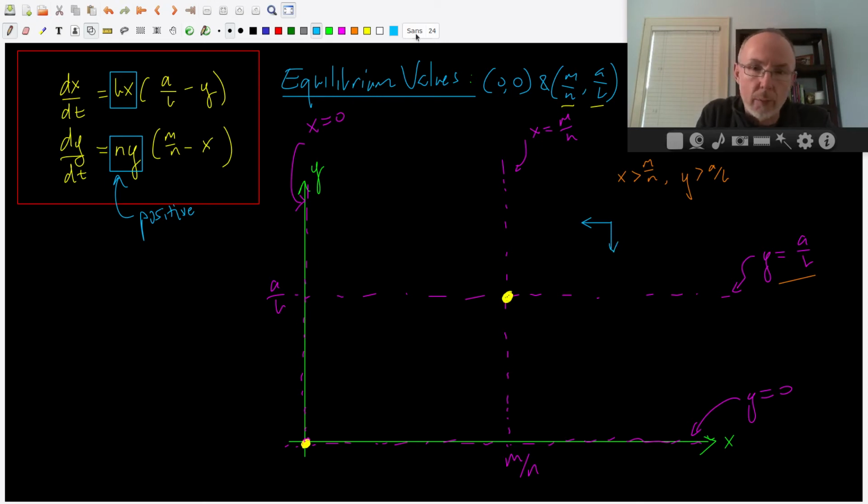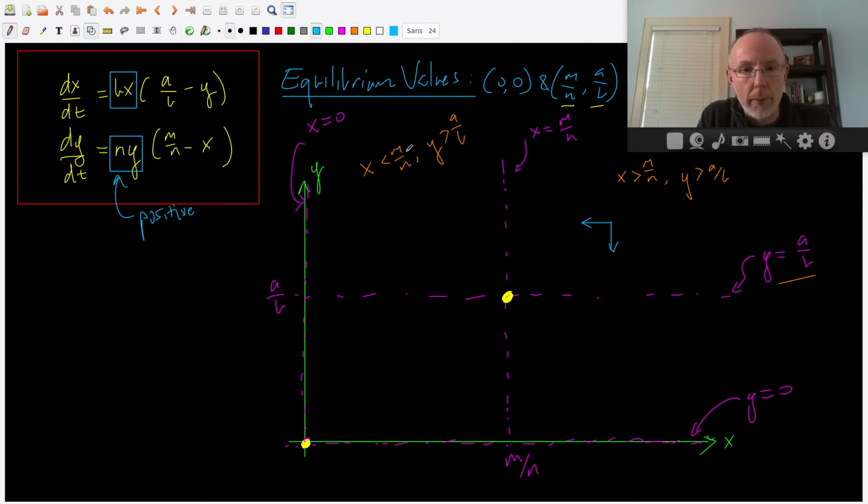Let's go over to this region. The region over here, we have x now less than m over n, right? Because here's m over n, and this x value, whatever it is in this region, is going to be less than that. But the y value is still above that line, a over b. The y value is still positive, well, still greater than a over b. And so now using that information, we can go and we can draw these pretty little sort of indicators.